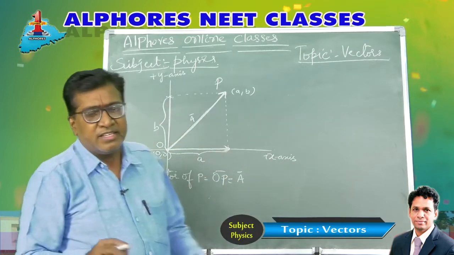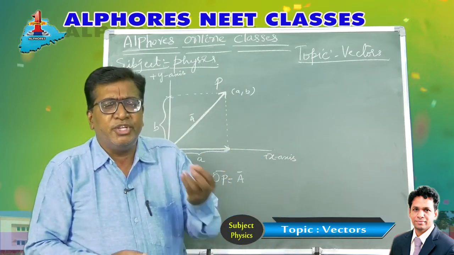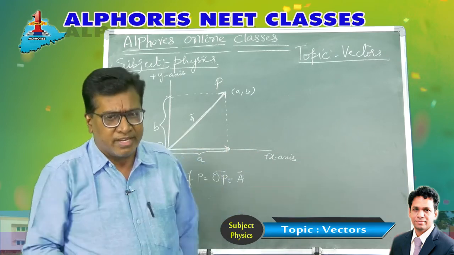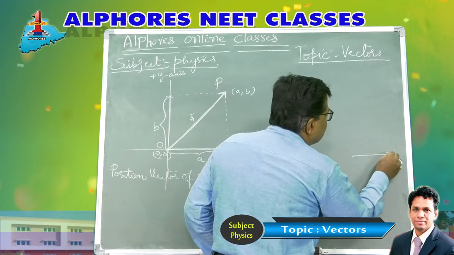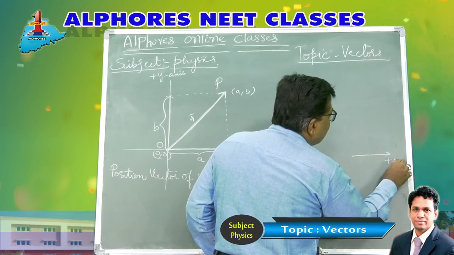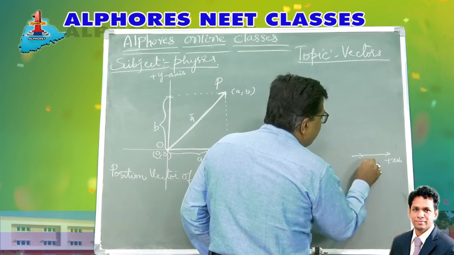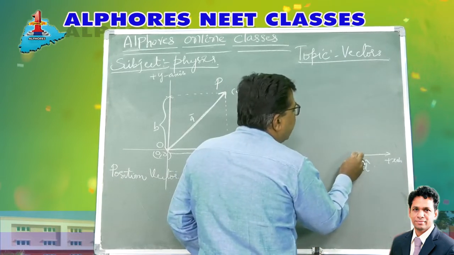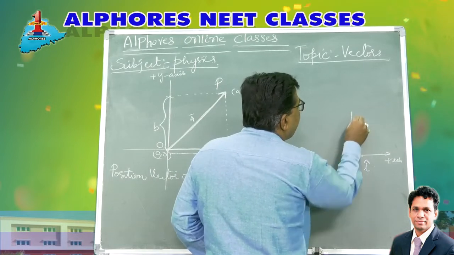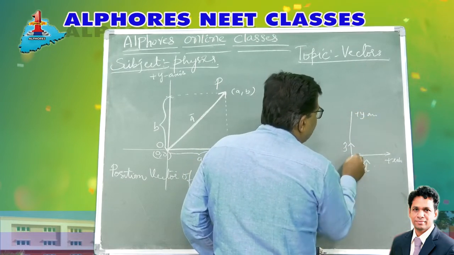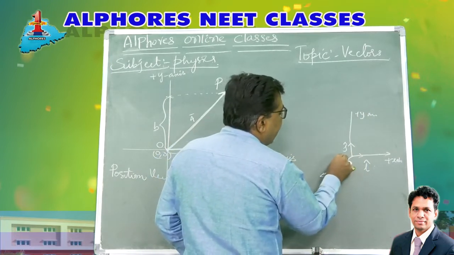Yesterday I was telling you Cartesian has imagined three unit vectors along three mutually perpendicular directions. The unit vector along the positive x direction he has imagined as i cap. Along the positive y direction he has imagined j cap. And along the positive z direction, which is outward actually, this is k cap.